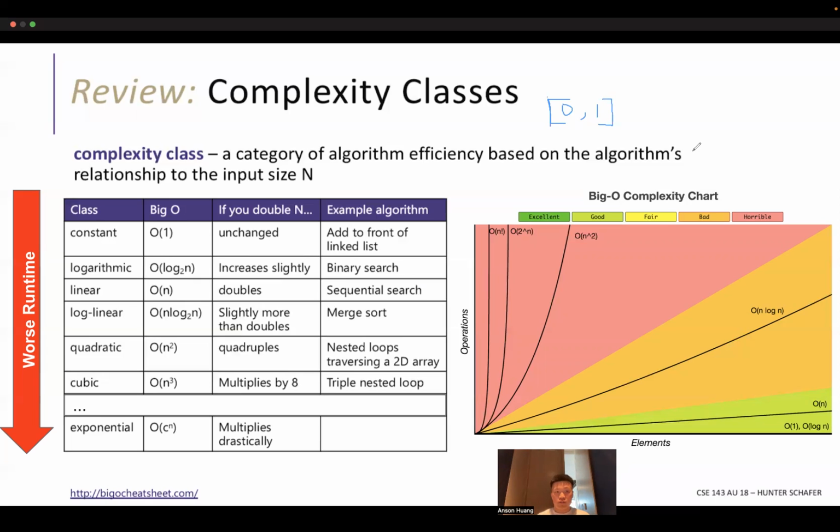An example of a constant runtime is trying to access the first element of this array. No matter how big this array gets, so let's say I have 0, 1, and I have 0, 1, dot, dot, dot, 10 million or something.